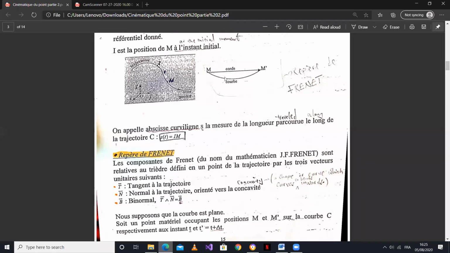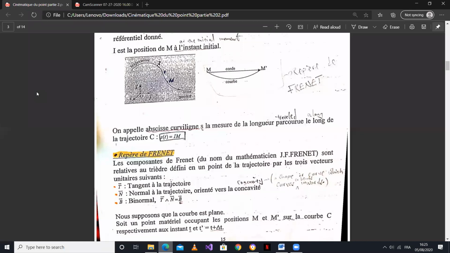This is your delta s from m to m prime, the abscisse curviligne. And then you have your chord. When you have an arc like this one, the straight line that connects the two ends of the arc is called the chord. You guys that did additional mathematics remember this. For those of you that have never done additional mathematics, here's something to add to your vocabulary.